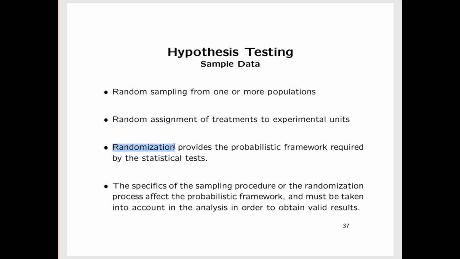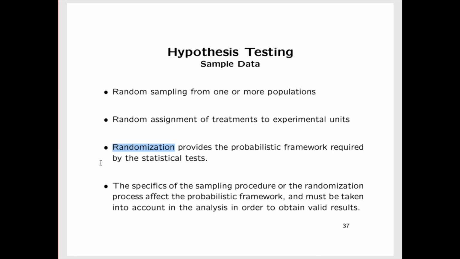And it's this randomization that provides the probabilistic framework required by the statistical test that we use. The other purpose of randomization is that it eliminates researcher bias, at least in the allocation of treatments to experimental units or in the selection of observations from populations. And so randomization is very important for both of those reasons.